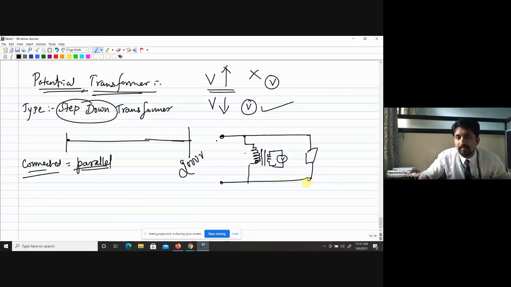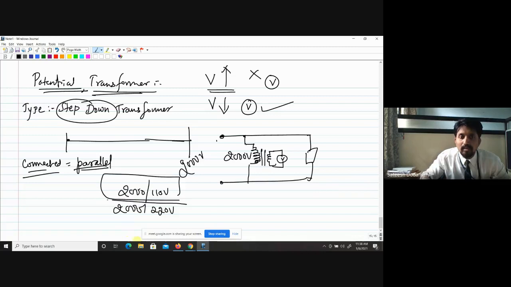Now this is the applied voltage here. If it is 2000 volt, then here also the same proportion. So 2000/110 volt, or 2000/220 volt. In this standard rating it will be available.